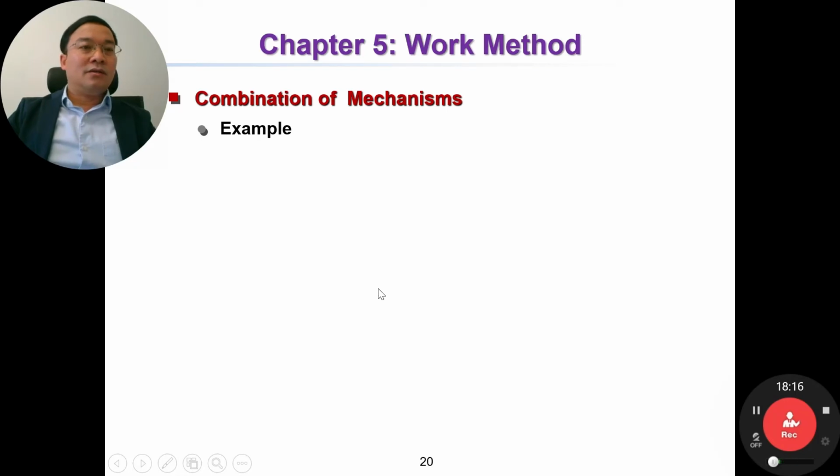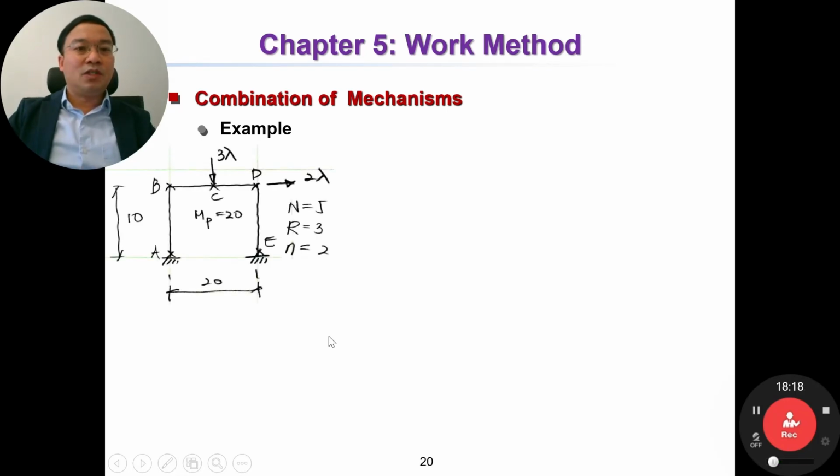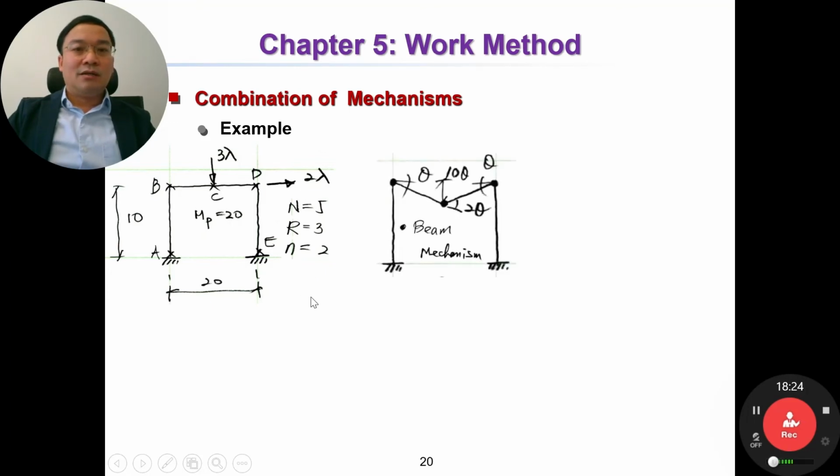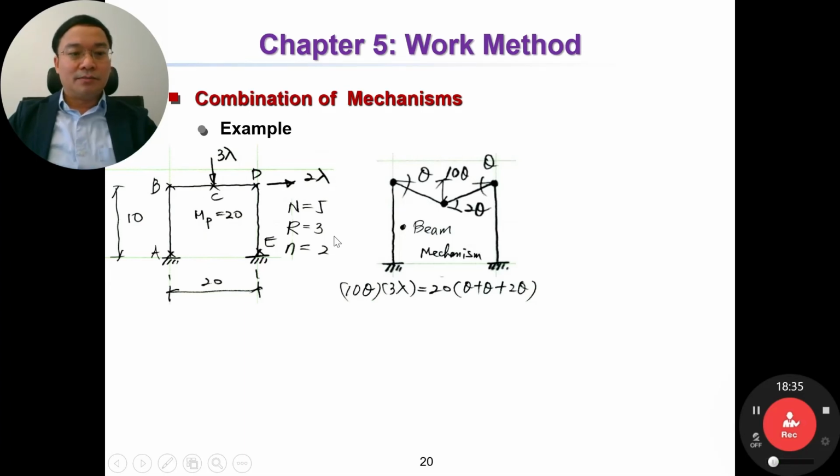Back to the previous example. This one we have N equal to 5, r equal to 3, and n equal to 2. Then for the beam mechanism, we use the work equation. I assume that you really understand this, so I will move very fast.